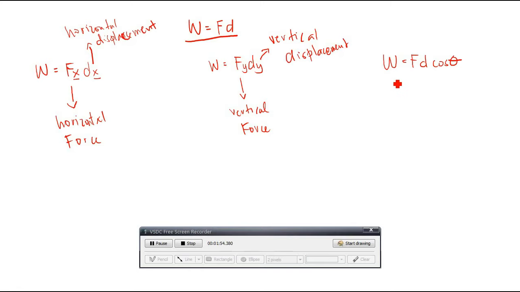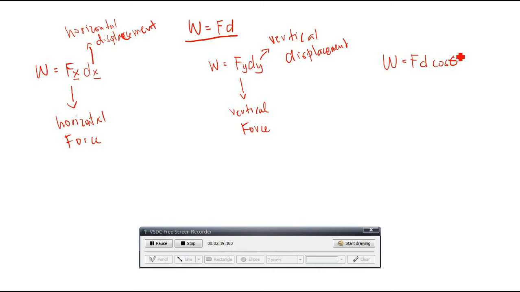And then for this formula, W is equal to force times displacement times cosine theta. This is used when the situation is given with an angle, and that angle is formed between the force and the distance.